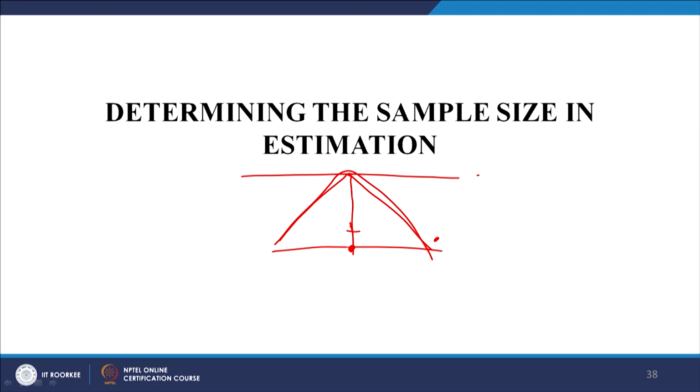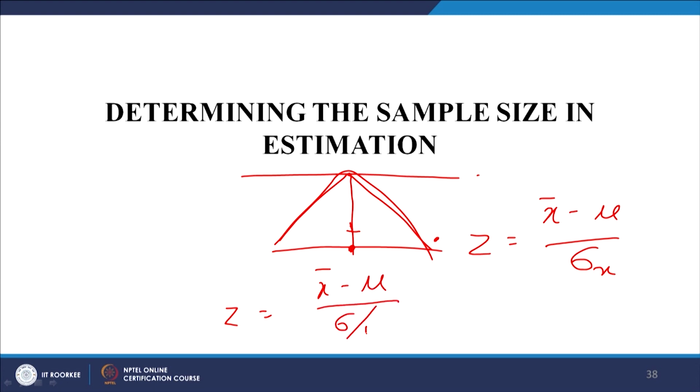So, when you are talking about how to determine the sample size, earlier also you have seen the formula: Z or T, whichever, was equal to x bar minus mu upon standard error, correct. So, standard error was, we said Z is equal to x bar minus mu upon sigma by root over n.